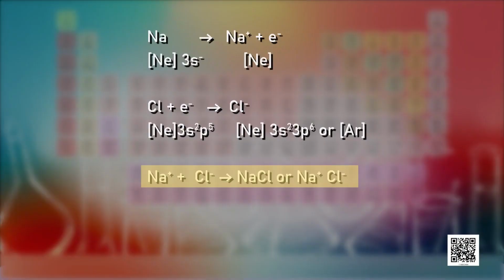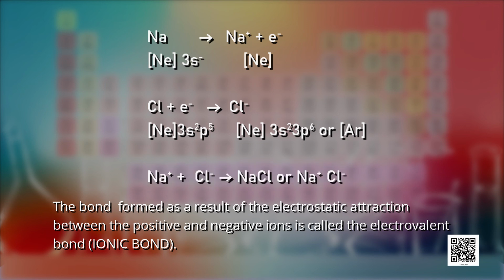You have learnt in earlier classes about formation of NaCl from sodium and chlorine. Well, you can see it on the slide. Here, bond is formed as a result of electrostatic attraction between positive and negative ions. And what is this bond called? Yes, it's electrovalent bond, that is ionic bond.